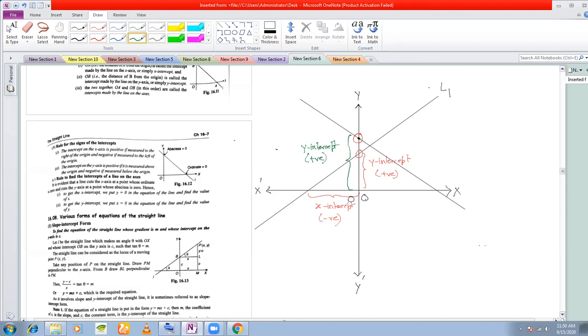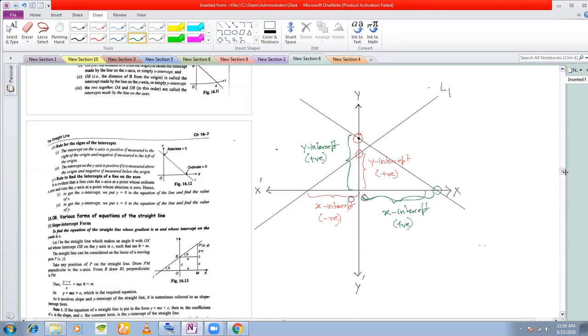Similarly, if this straight line cuts the x-axis at this point, then this distance is called the x-intercept. In this case, the x-intercept will also be positive because it is in the positive direction of x. So this is the meaning of x and y-intercept.